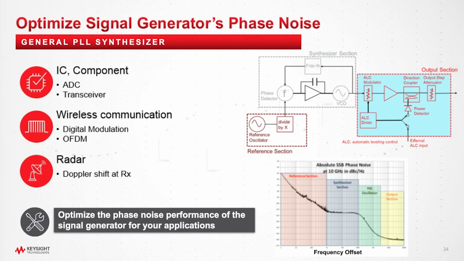Most vector signal generators are phase-locked loop-based architecture, which includes the reference oscillator, synthesizer, voltage-controlled or YIG oscillator, and output section. Each section has a different effect on the phase noise characteristics, as shown in the figure.